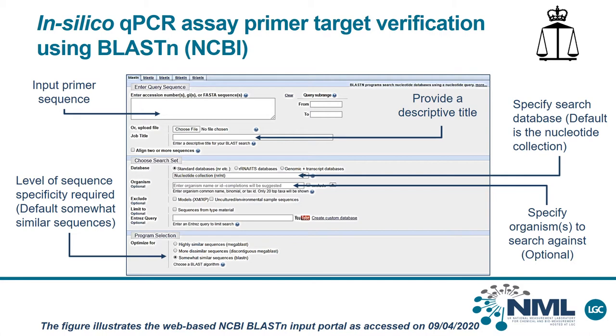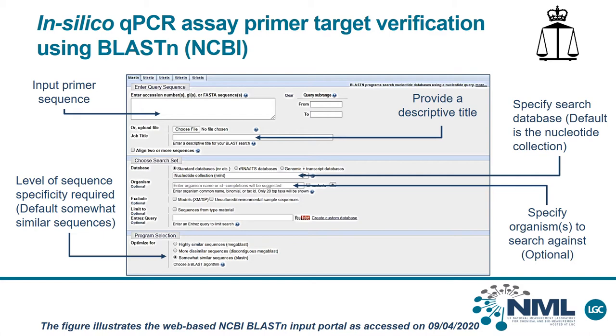To perform a search, an assay primer query DNA sequence is entered into the sequence dialog box, a job title specified if required, and the reference database to be searched selected. Generally, selection of the standard database option in conjunction with the nucleotide database from the drop-down menu is appropriate.